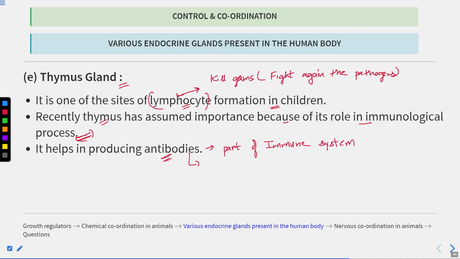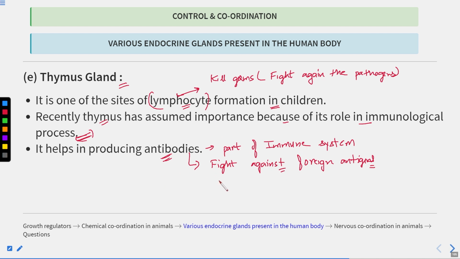What are the functions of antibodies? They help us fight against foreign antigens. Antibodies are Y-shaped structures with an antigen recognizing site.